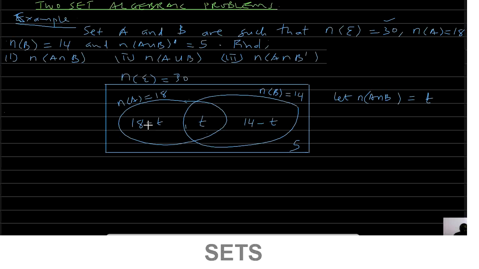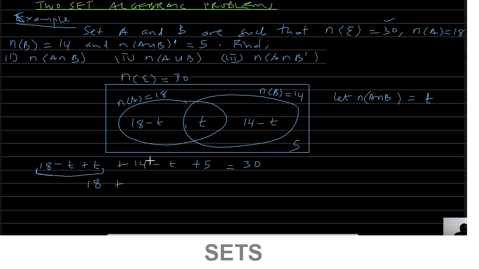So we shall have 18 minus t plus t plus 14 minus t plus 5, which gives us the whole universe, 30. The 18 minus t plus t gives us the whole of A, so I can just write 18.